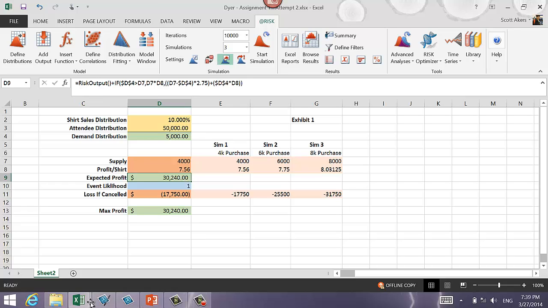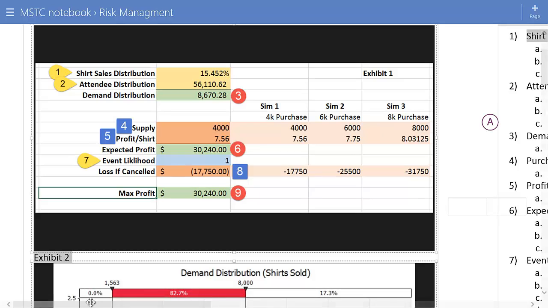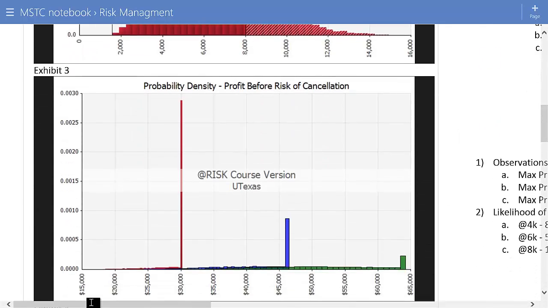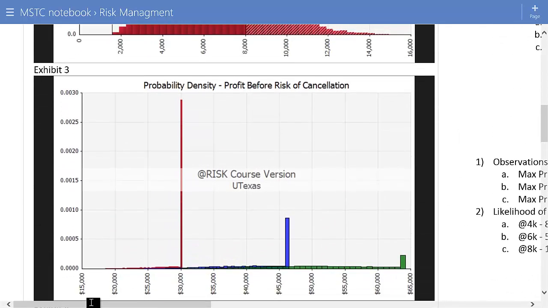So then you can actually get a chart that looks like probability density, profit before risk of cancellation. This is kind of a crummy graph, but basically you see this big trend. And what I've done is graphed all three scenarios, the 4, 6, and 8 scenarios, on the same graph.